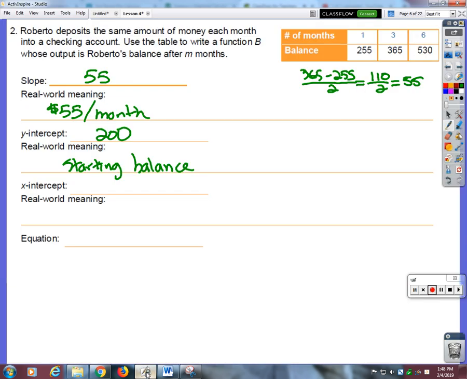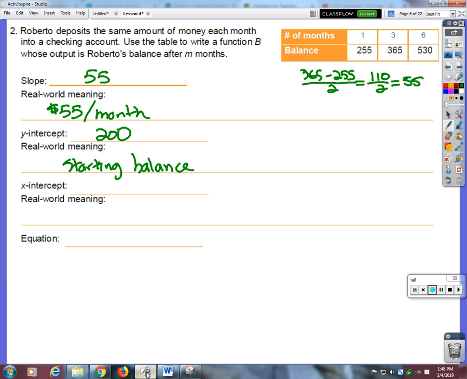Okay, Talia. What's the X-intercept? This is a tricky one. I like that you went 200 divided by 55 or whatever you just did there.